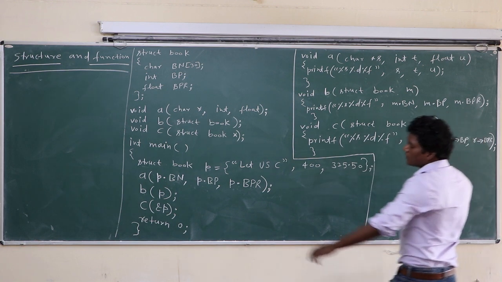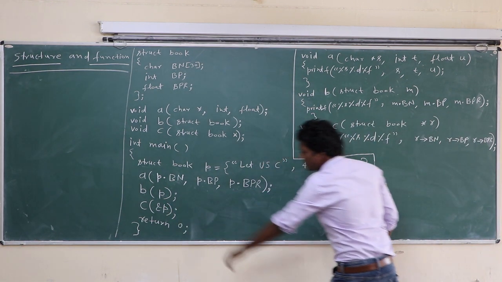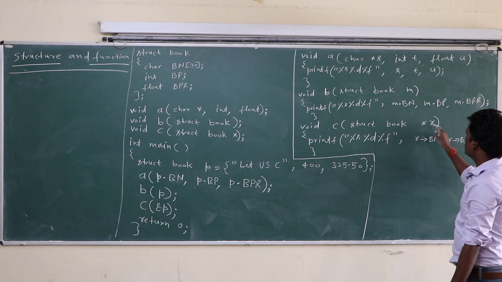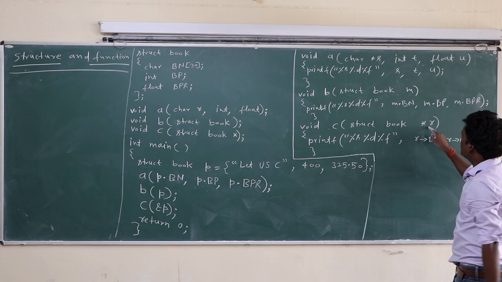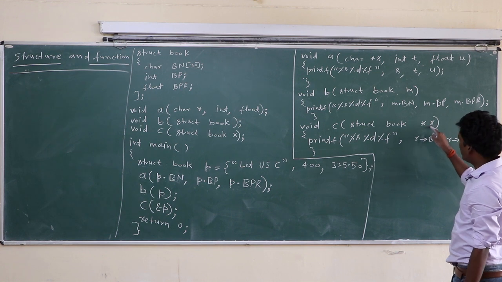Okay, here address is passed, that's why we make R a pointer variable, so that it can hold the address of P. So here the address of P is received.